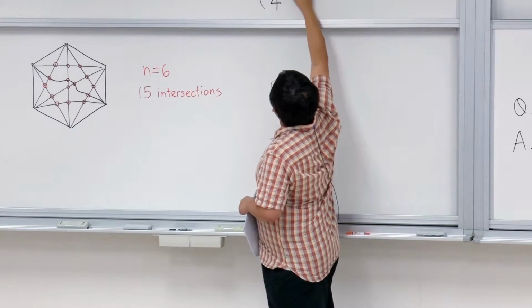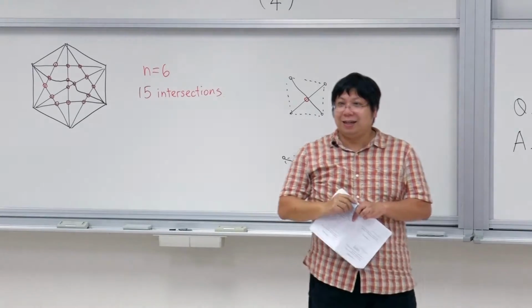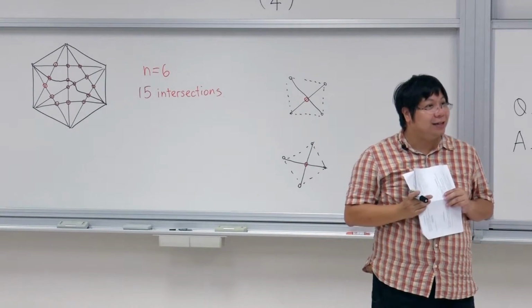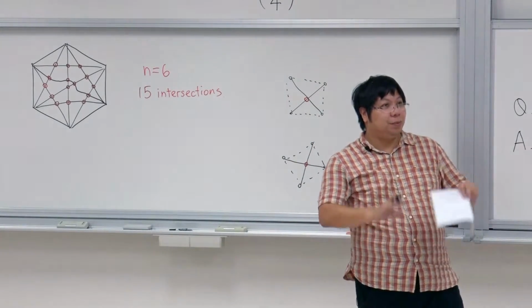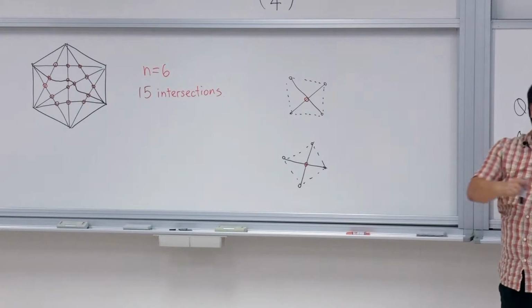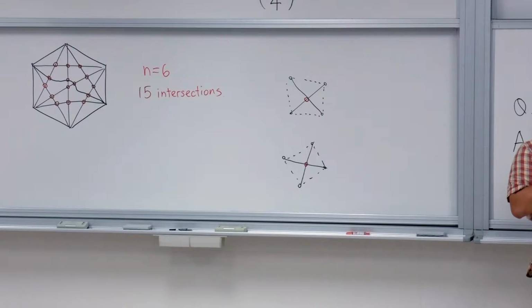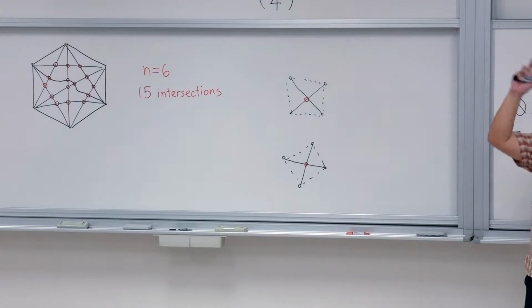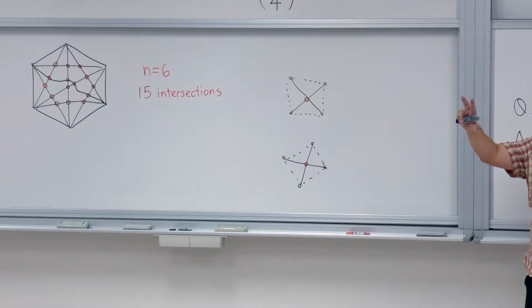So the answer of this one, let's see if you agree, is going to be n choose 4. Is that okay? Whenever you pick 4 vertices, it defines exactly one intersection: we look at the opposite pairs to join as diagonals.